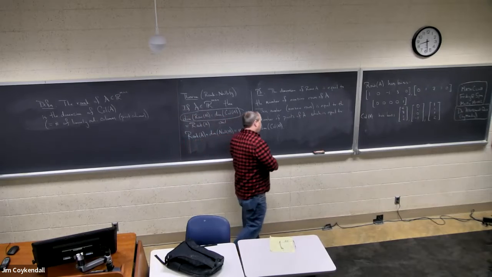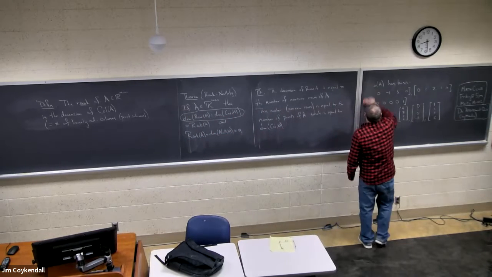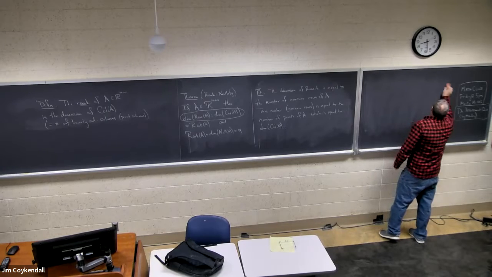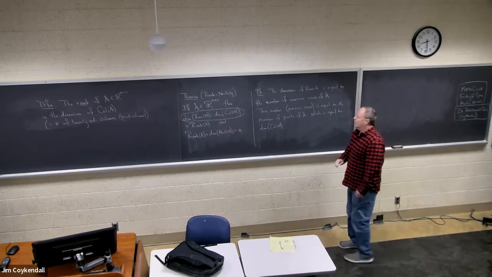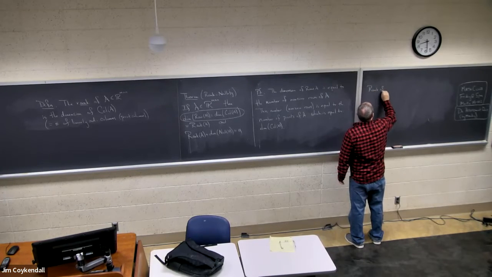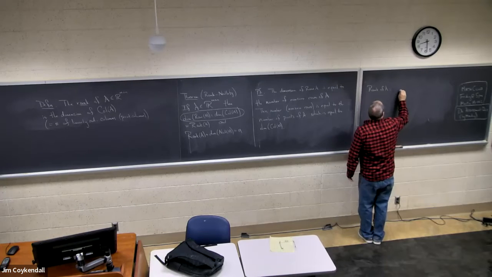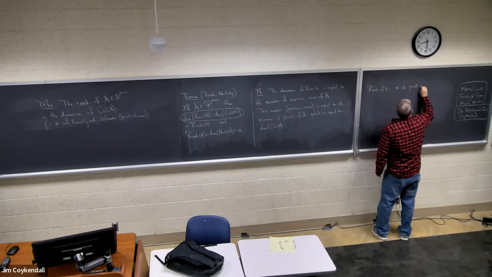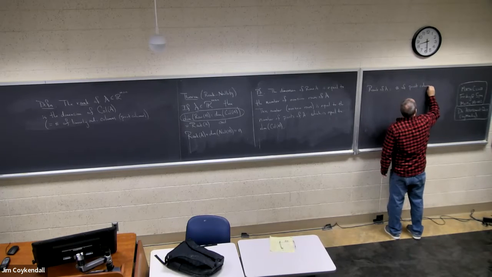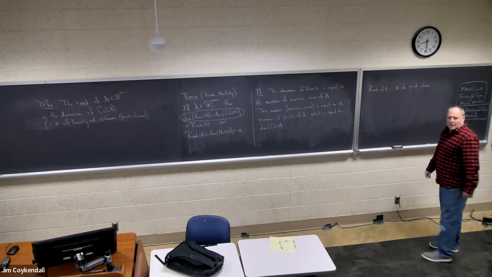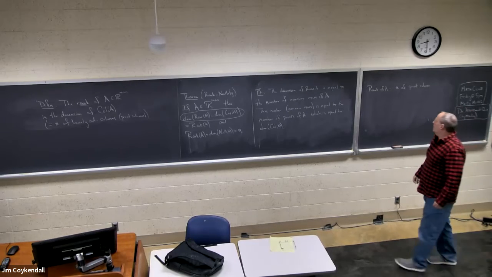And notice that for the rank nullity part, we point out that the rank of A is just the number of pivot columns.